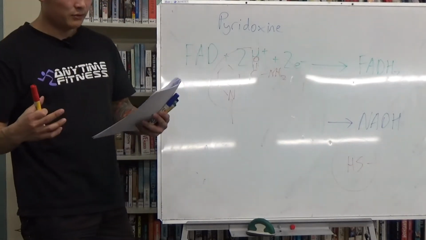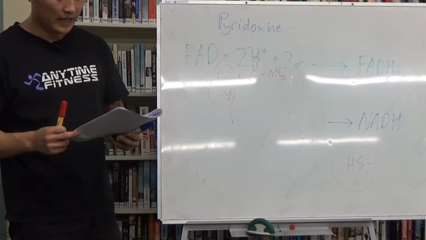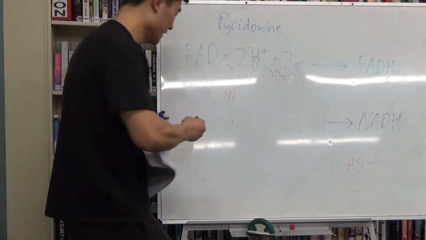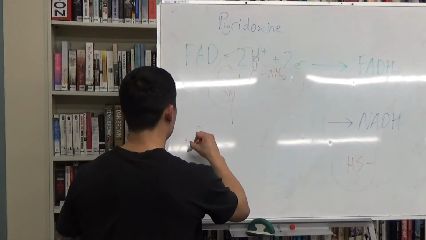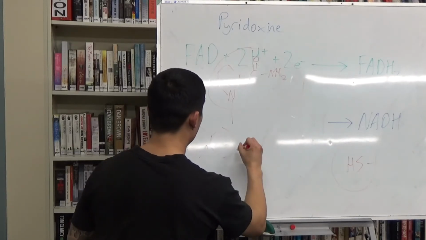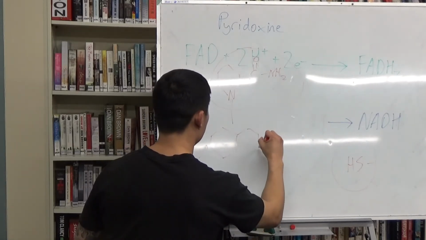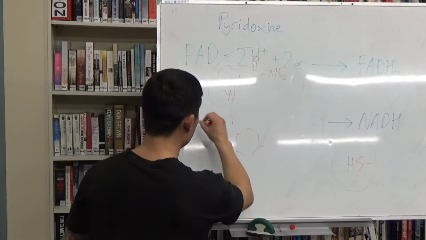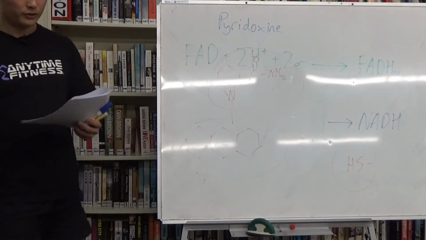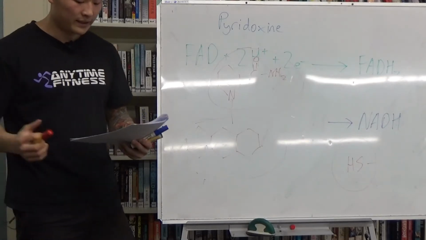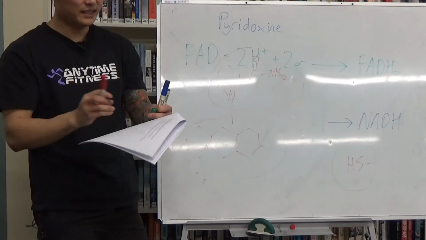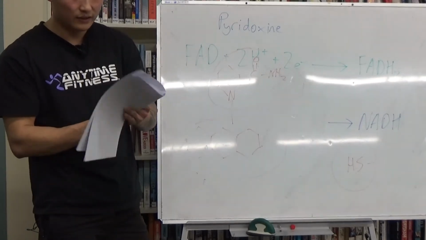And so that means the one on the bottom right must be FAD. And that whole ring structure, the three rings, that's your riboflavin. And that's what's going to carry the electrons. That one's pretty easy to recognize because that's pretty distinctive.